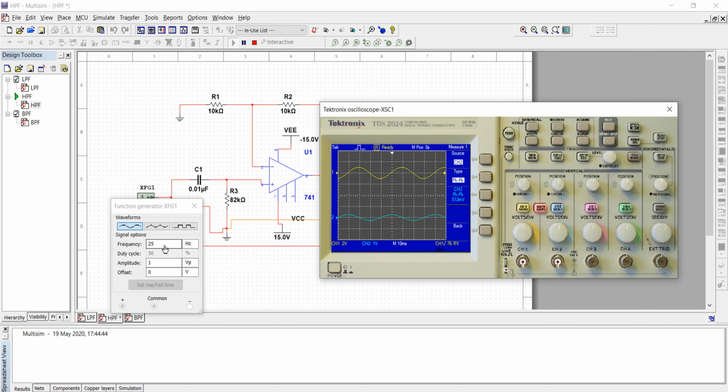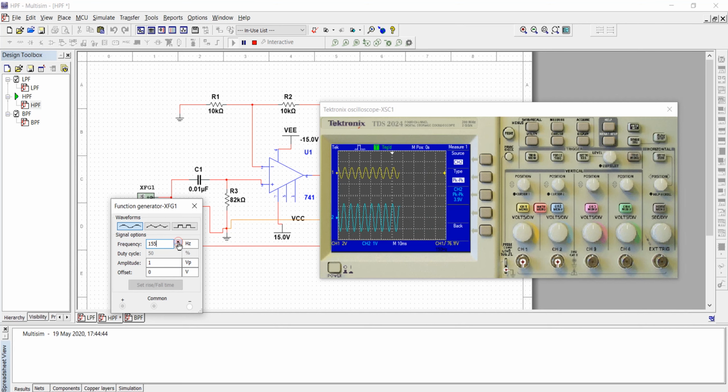As we increase the frequency, when I increase it to 50 hertz, the peak to peak amplitude increases. If we move further to 150 hertz, the amplitude again increases to 2.45.